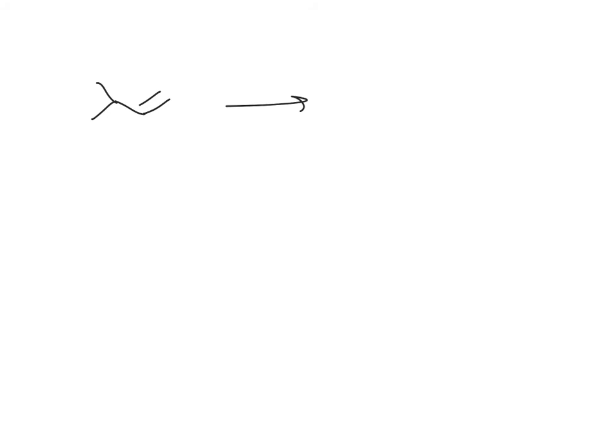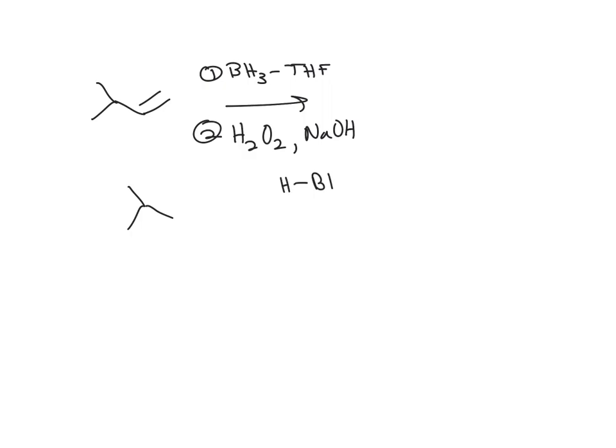And this is an alkene, and you're adding the BH3, and then you're treating it second with hydrogen peroxide and sodium hydroxide. Now, with BH3, you could do H-BH2, and basically your BH2 is going to add to the least substituted carbon, and then the hydrogen is going to add to the more substituted carbon.